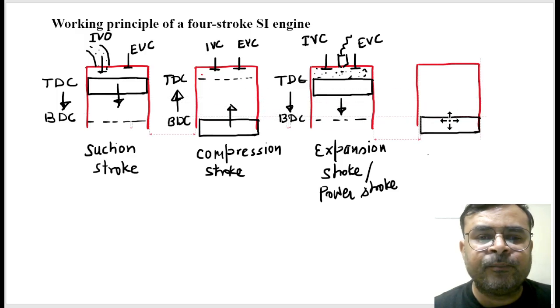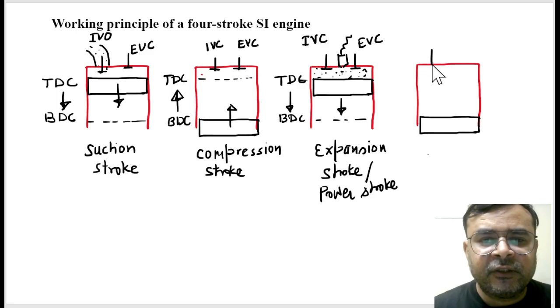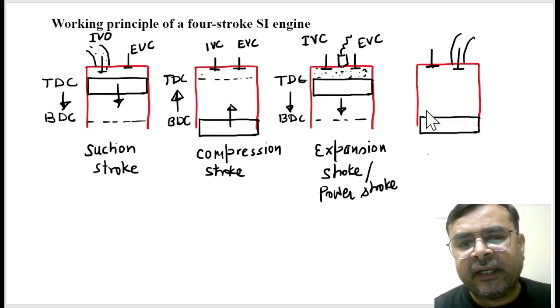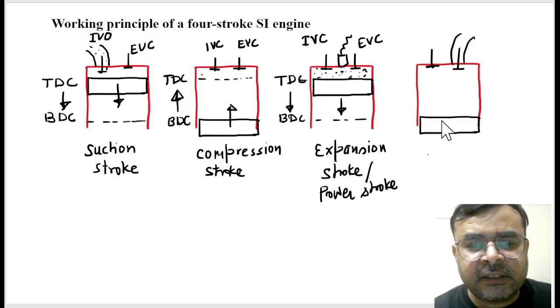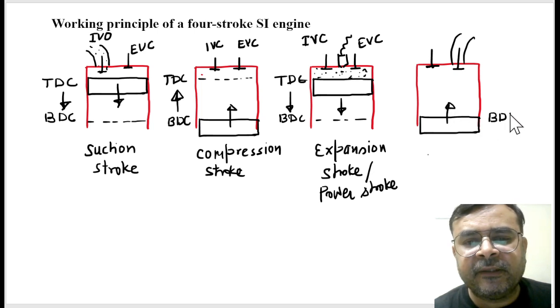Once the expansion stroke is completed, your piston is positioned at the BDC. Now in this condition, the inlet valve is closed and the outlet valve is open, and your piston is approaching from BDC to TDC.